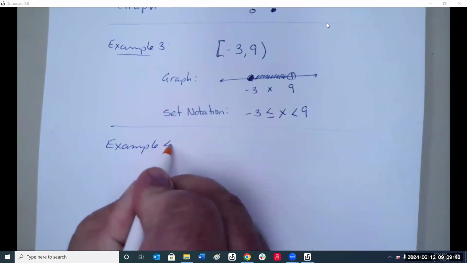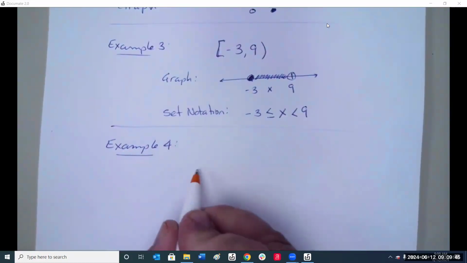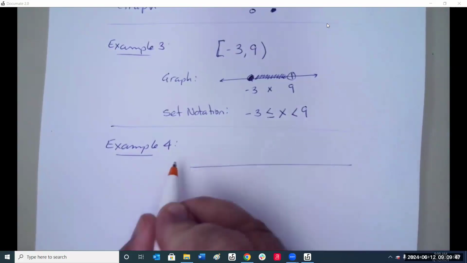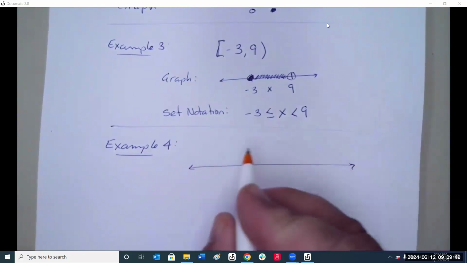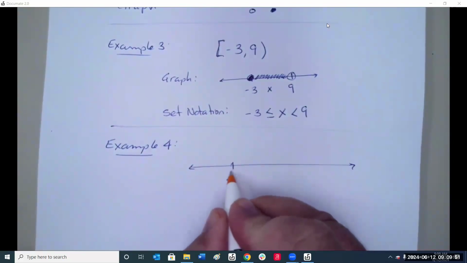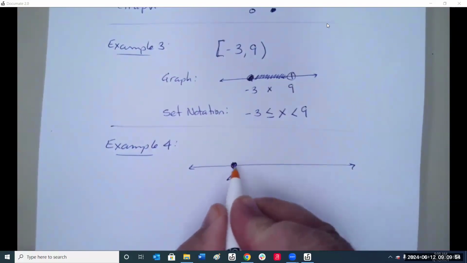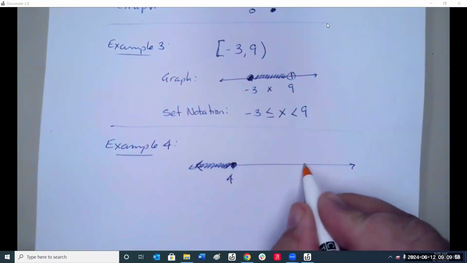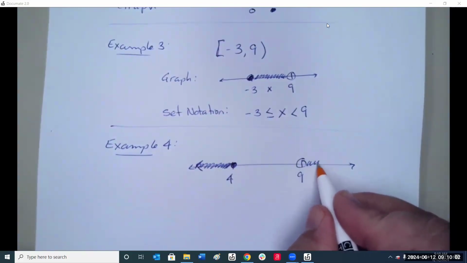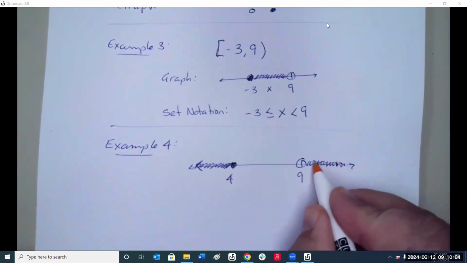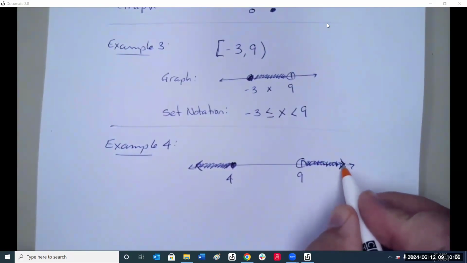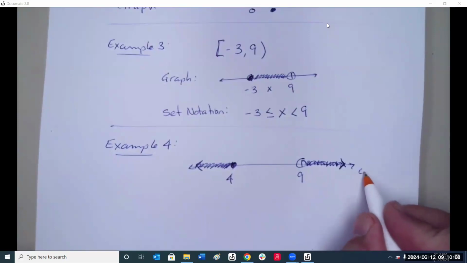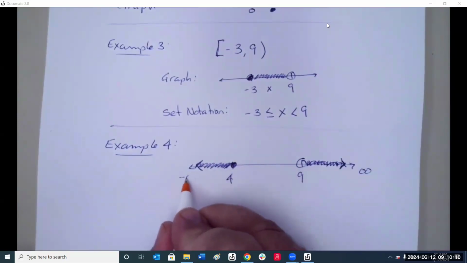Example 4. If I give you a graph that looks like this, goes to infinity, that goes to negative infinity.